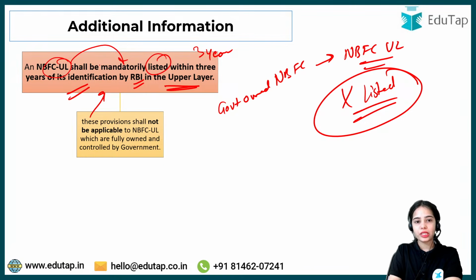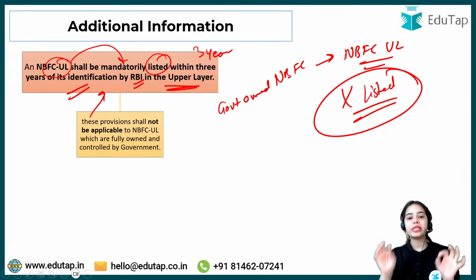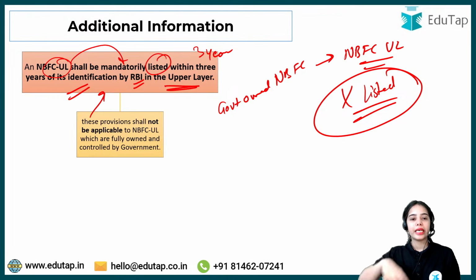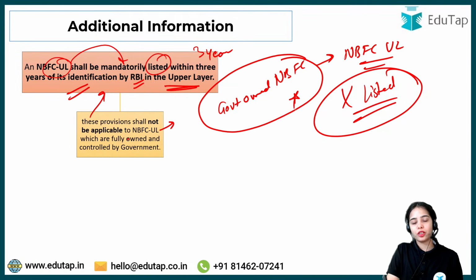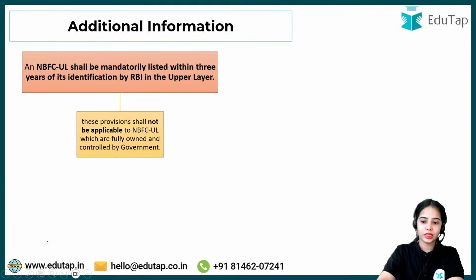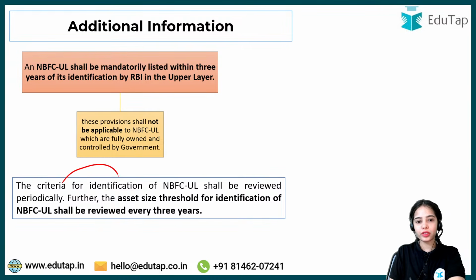So this provision will not be applicable to NBFC upper layer entities which are fully owned and controlled by the government. So even if they are in the NBFC upper layer, they do not need to get listed in the financial market. Okay.